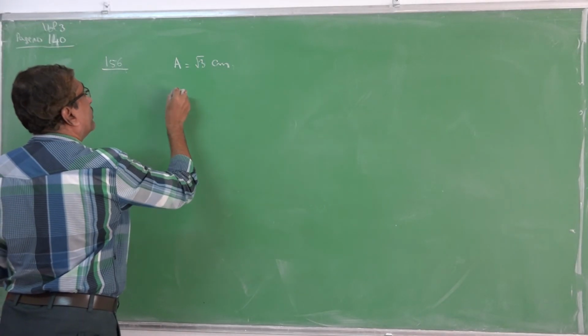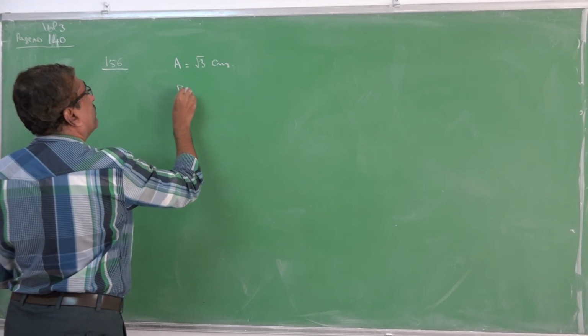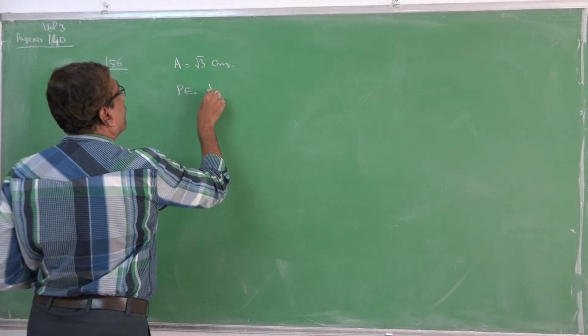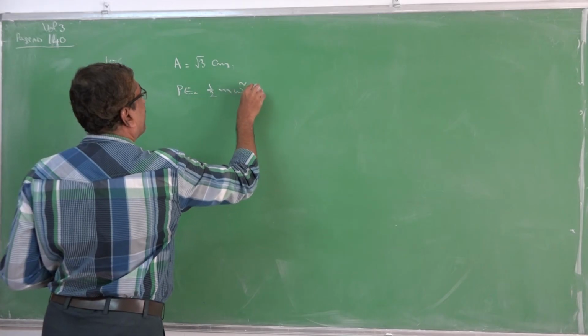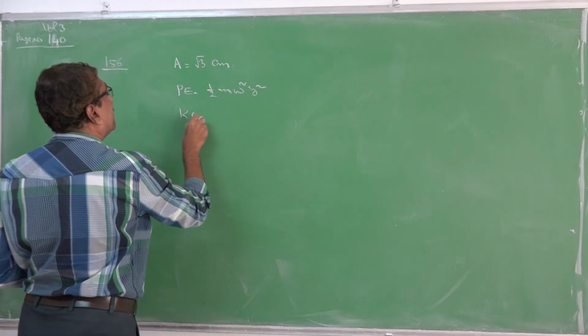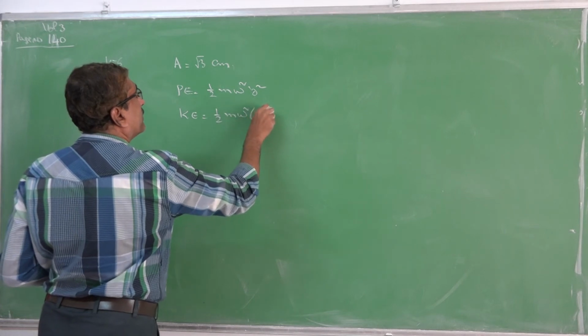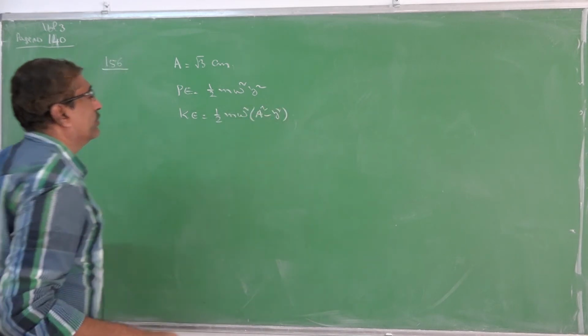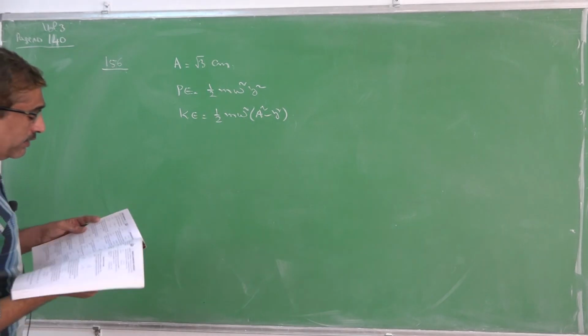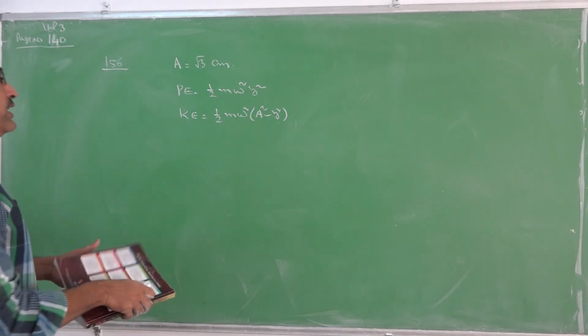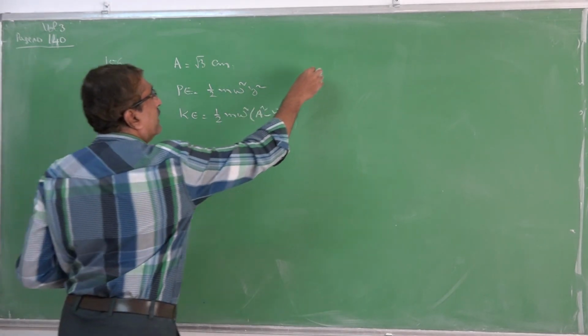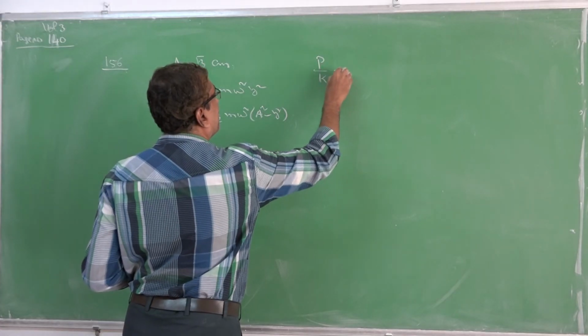As we know, potential energy is equal to half m omega square y square, and kinetic energy is half m omega square into a square minus y square. Given that the ratio of potential energy to kinetic energy is 1:2, that means P by K is equal to 1 by 2.